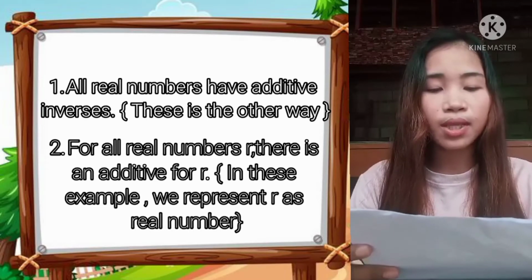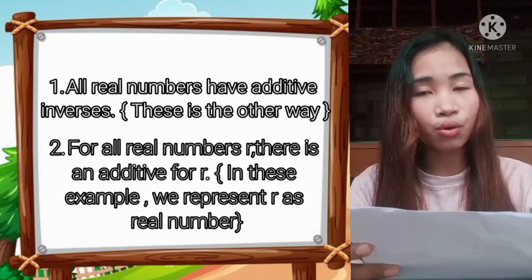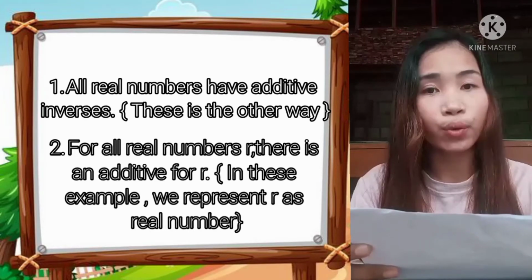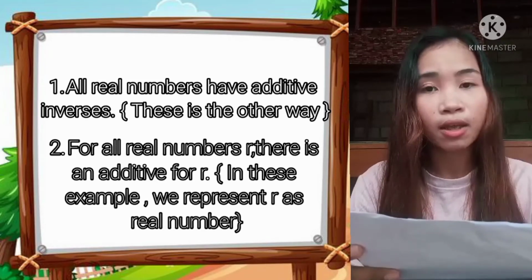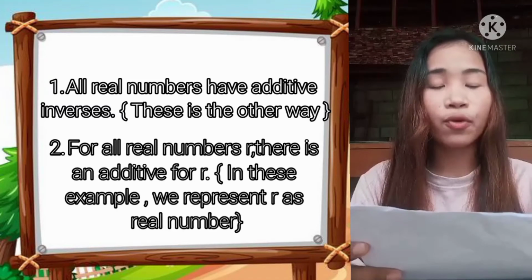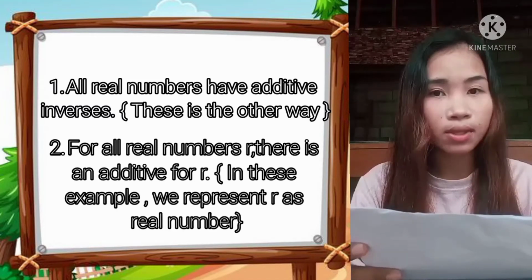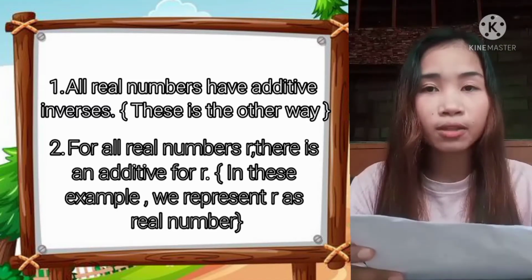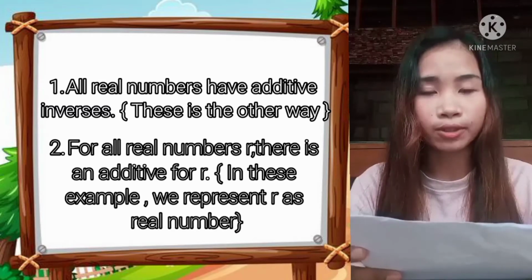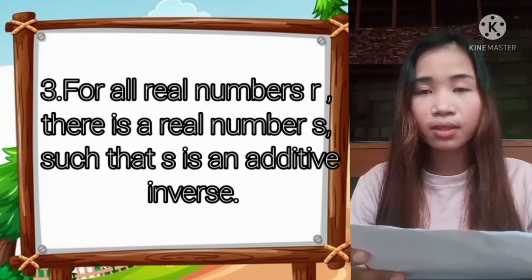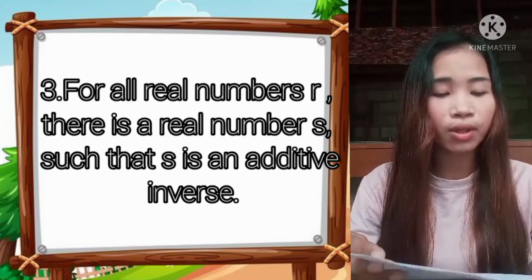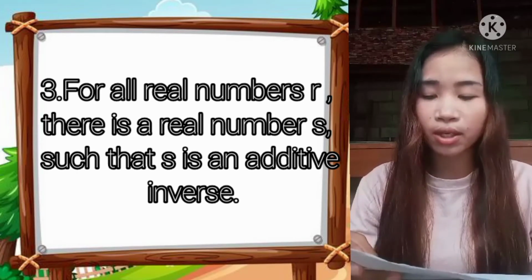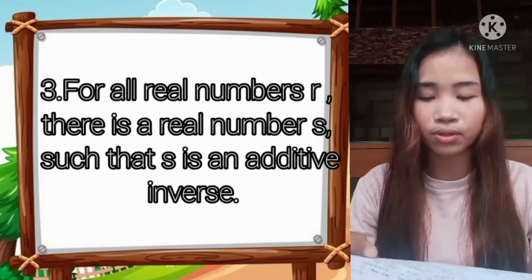All real numbers have additive inverses. So, this is the other way. For all real numbers R, there is an additive inverse for R. In this example, we represent R as the real number. Next is, for all real numbers R, there is a real number S such that S is an additive inverse.